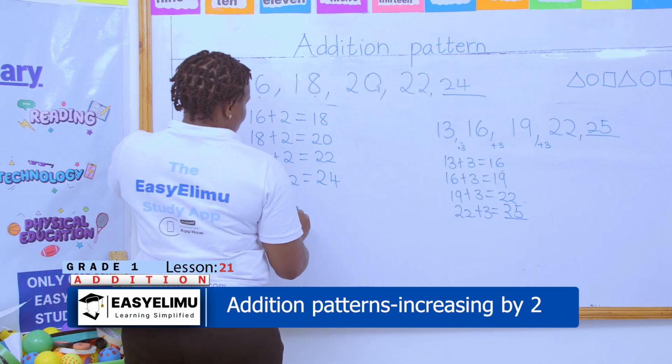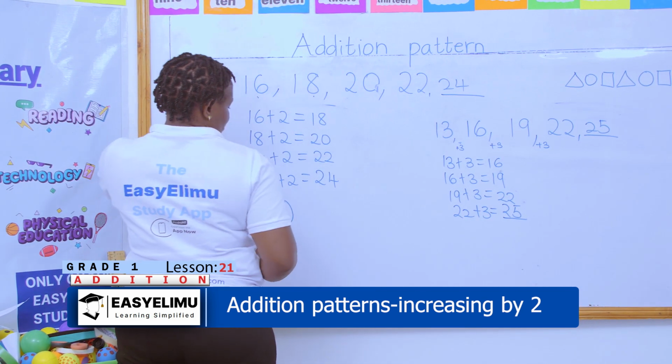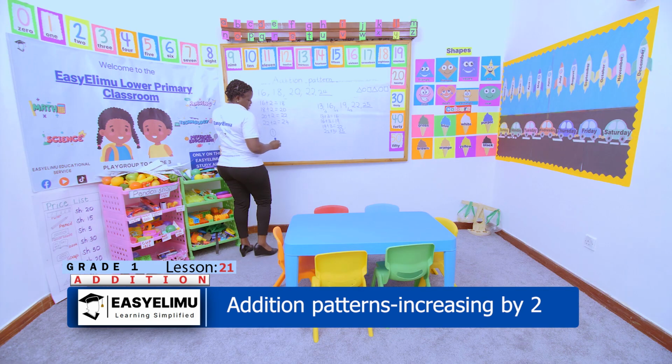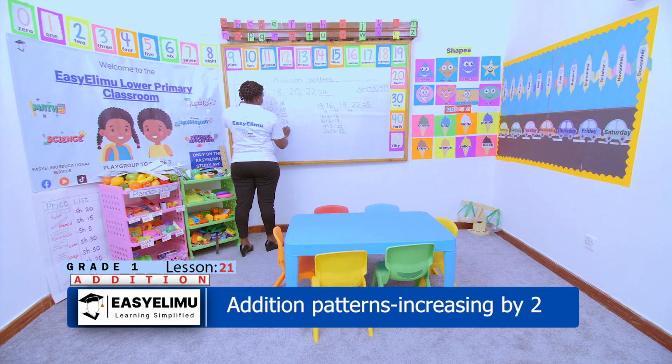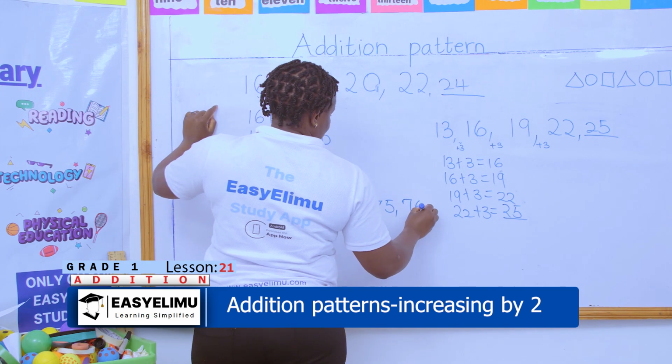But before that, when you go home today, I have 3 questions for you. Fill in the missing numbers. The first one: 73, 74, 75, 76.